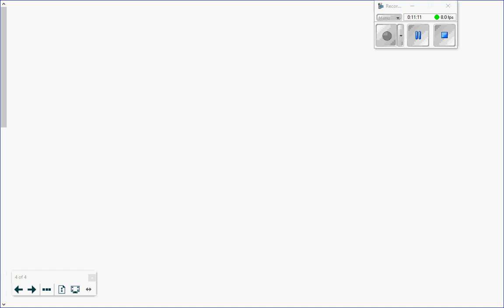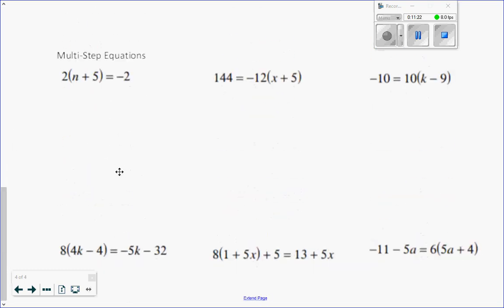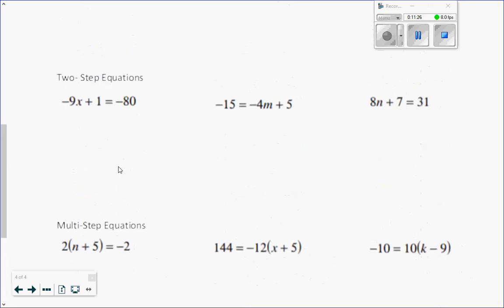I think we're going to wait on those multi-step equations until tomorrow. So if you can see here, we have some two-step equations at the top and then some multi-step. We're just going to do these two-step today and then stop. We'll do a little practice.